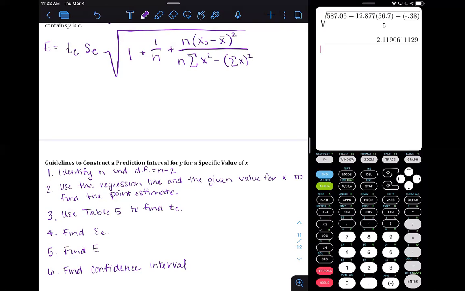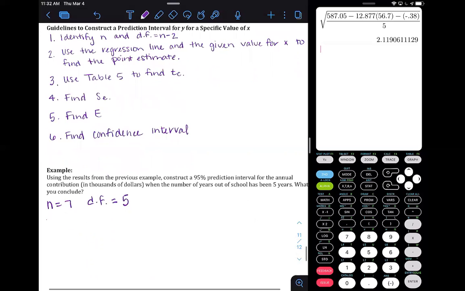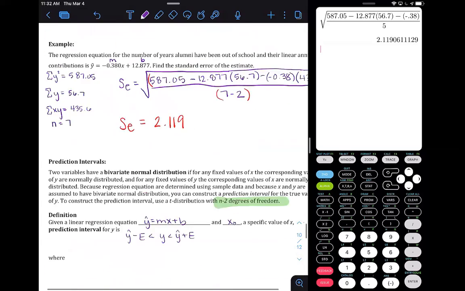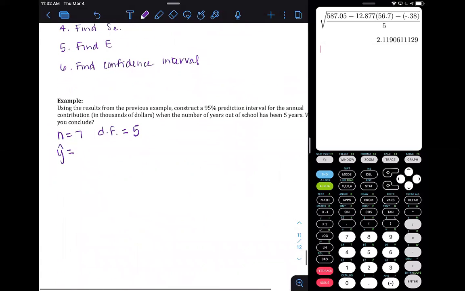and then find your confidence interval. All right, so we know our n is still 7, which means our degrees of freedom is what? 5. We know our y hat equals, let's scroll back, negative 0.380x plus 12.877.